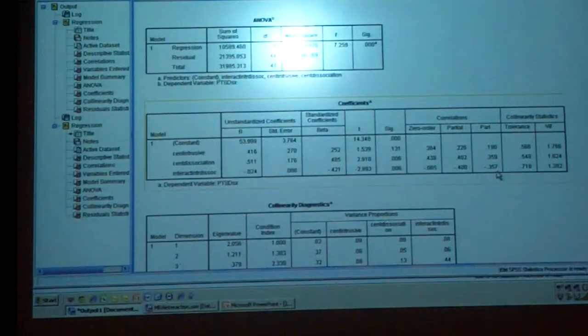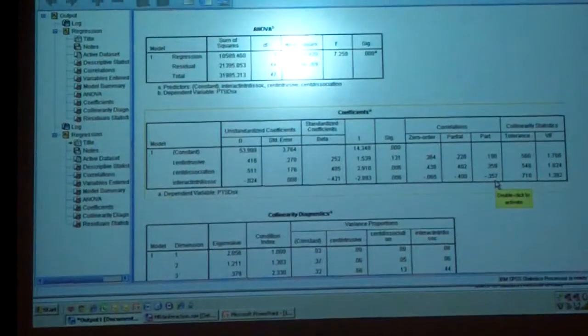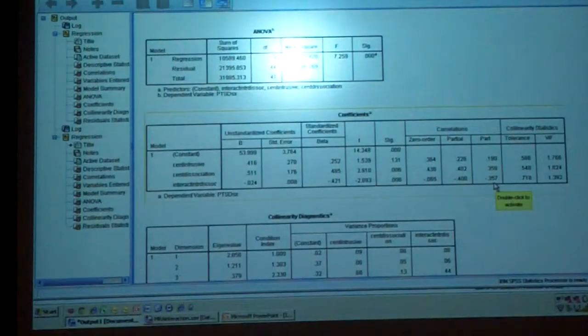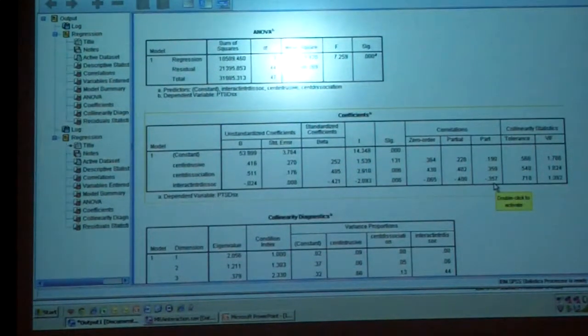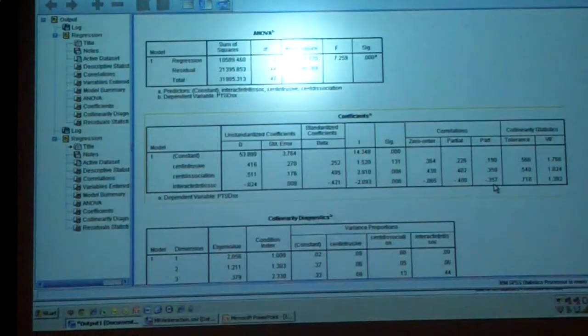And the semi-partial squared is a really nice one. It's 0.4 squared, almost 15 to 16%. So now we actually are accounting for a fairly decent percentage of the variance in the PTSD symptoms when we combine these things together.